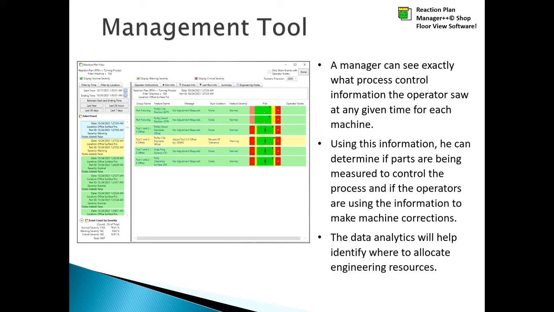If the number of events for the warning and normal are high, excessive, it would lead me to want to drill down further into the data and look at the individual reports. I can then see if the operator is really making these adjustments, or maybe I need to contact engineering and get them involved so that they can fix whatever problem exists in the process.